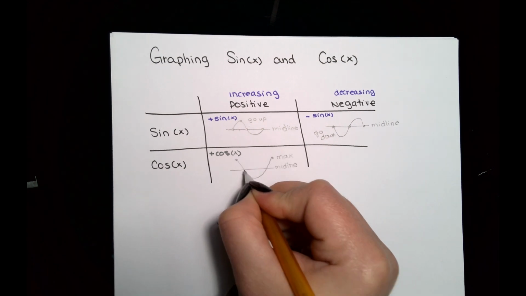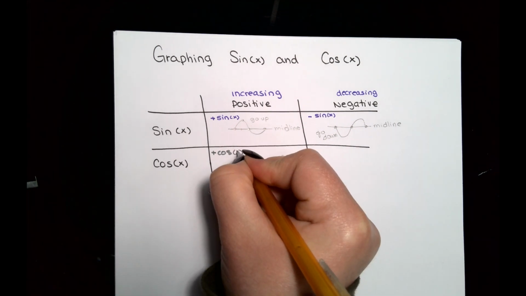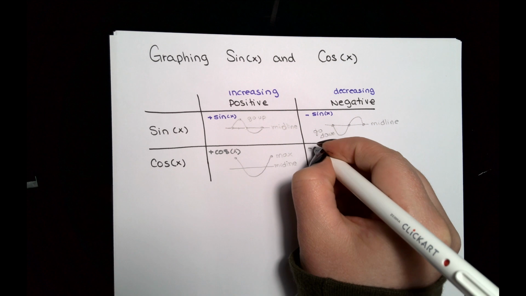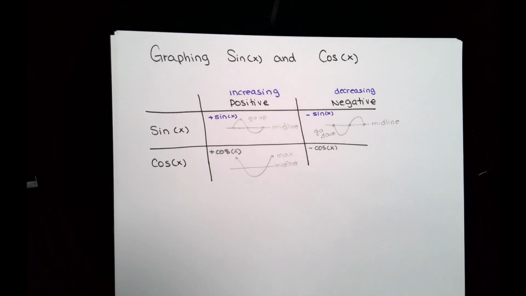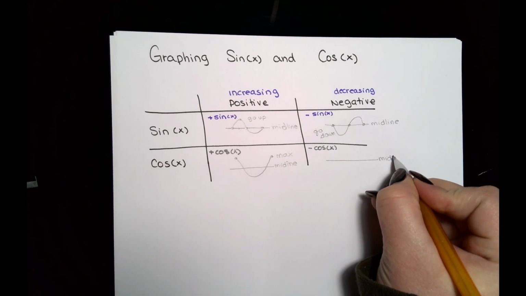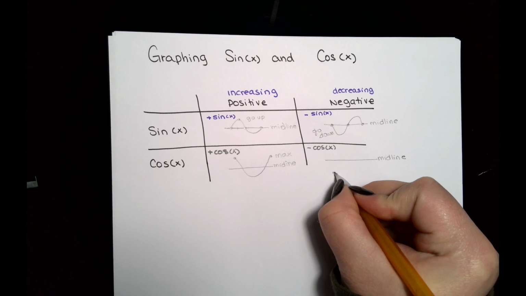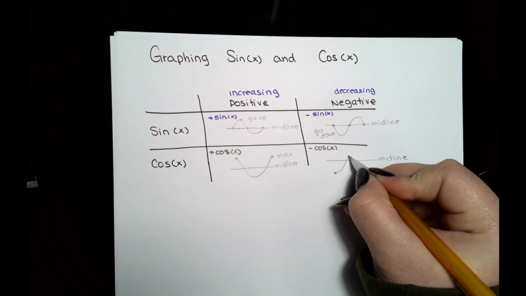Your middles of the middles are going to be on the midline, but for a positive increasing cosine, the cosine curve is going to start on the maximum. If you have a negative amplitude, so a negative A value, a negative decreasing function, here's your midline. Because you are decreasing, you're actually going to start on your minimum values for a negative cosine.